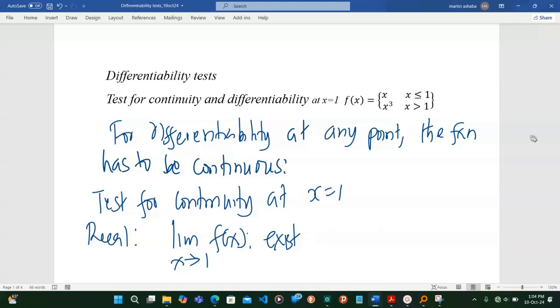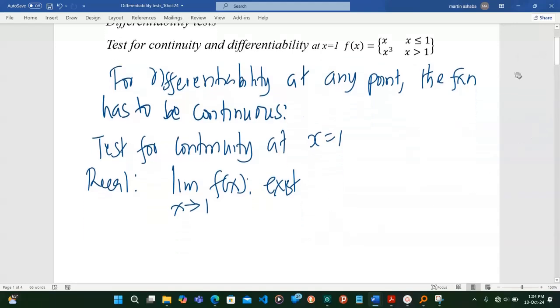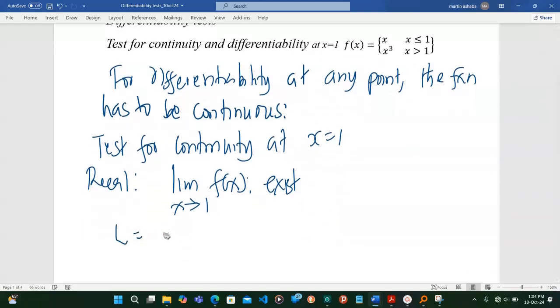And this limit must equal f of 1. So if that limit exists as x tends to 1 for this function, then it must also equal the value of the function at x equal to 1.